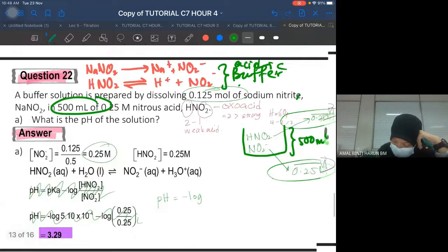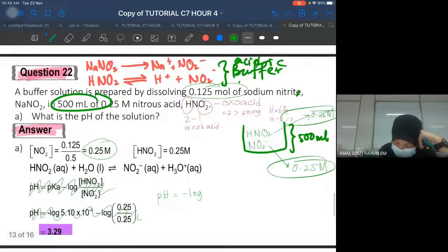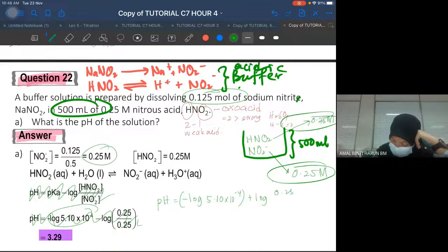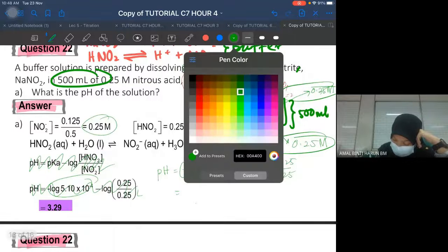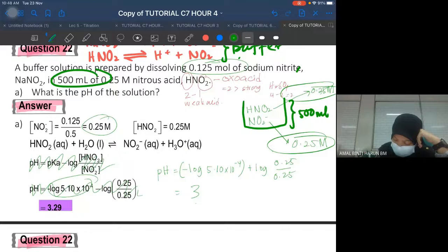Sebab saya tak ada. Betul ke Ka dia ni 5.0 exponent negative 4. Is it? Plus log 0.25 over 0.25. Tekan calculator. Betul tak dapat 3.29? Betul. Betul.